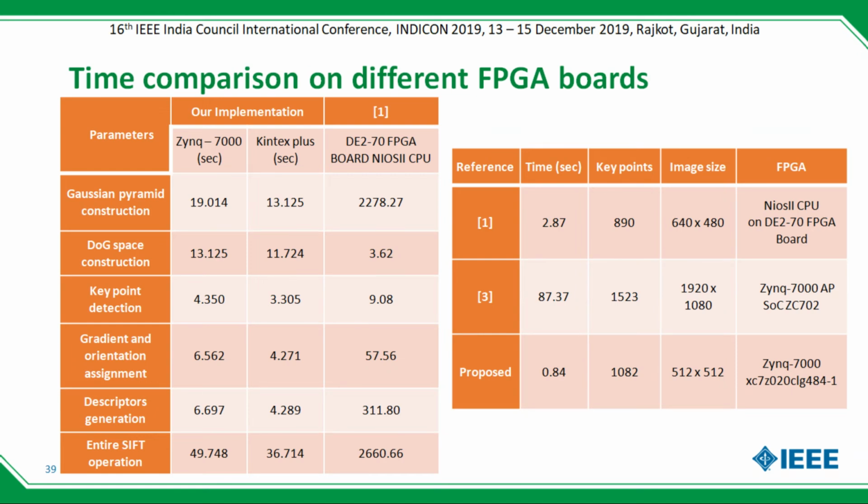I have compared with the three papers I showed in the beginning. The first paper used the NEOS 2 board, and the time they took is around 2600 seconds. In the two boards I tried, Xilinx 7000 and Kintex, it is around 2-3 minutes less, 49 or 36 seconds. So this is around 2% of the time they have taken.